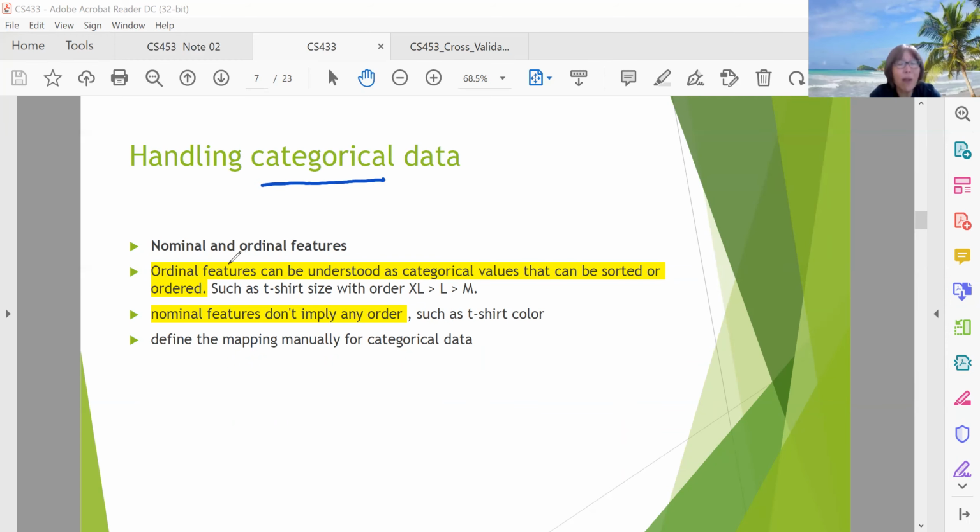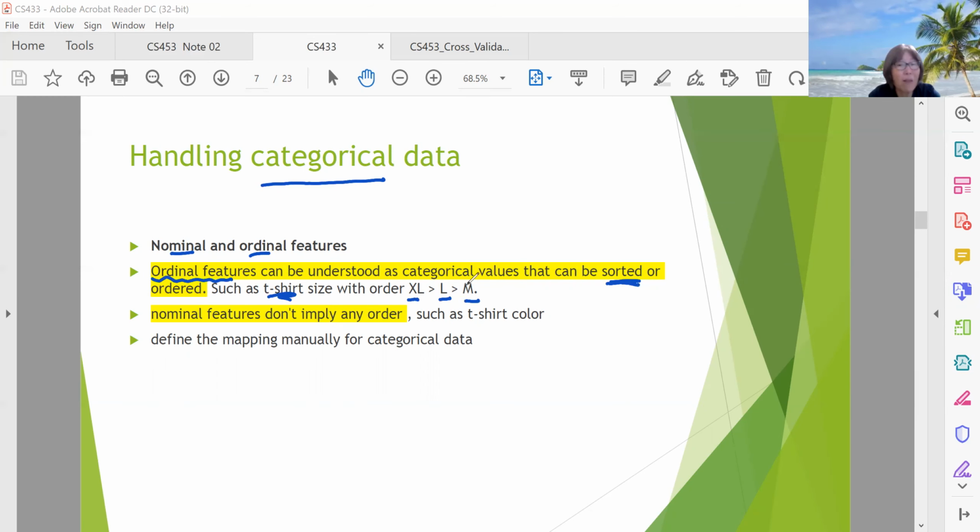For categorical data, there are two different kinds, nominal and ordinal. Ordinal features can be sorted, like good, better, best, or t-shirt sizes like XL, L, M, and small.